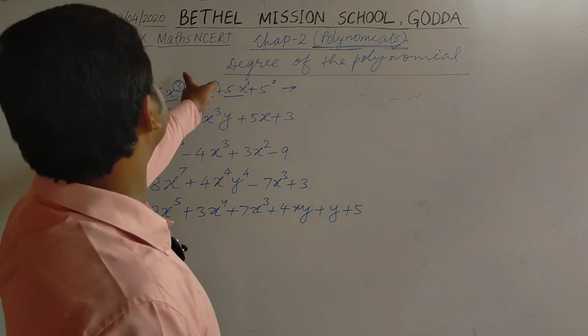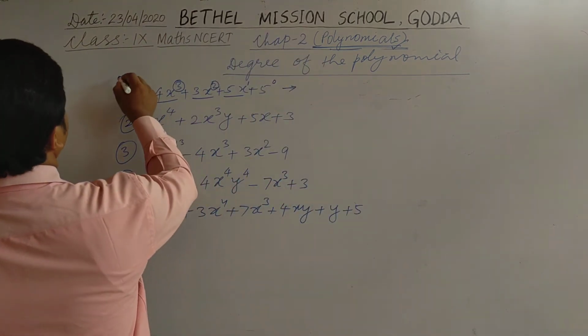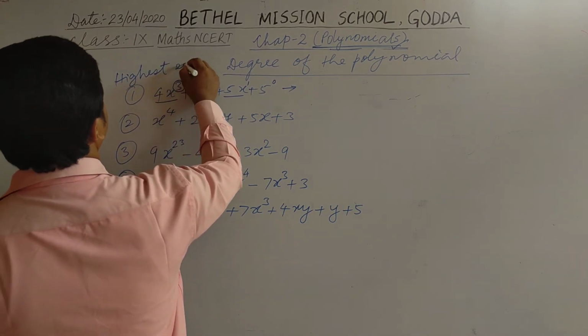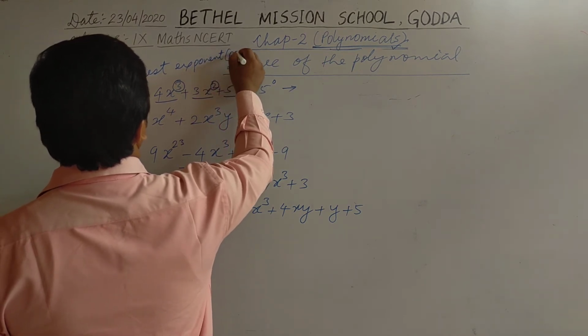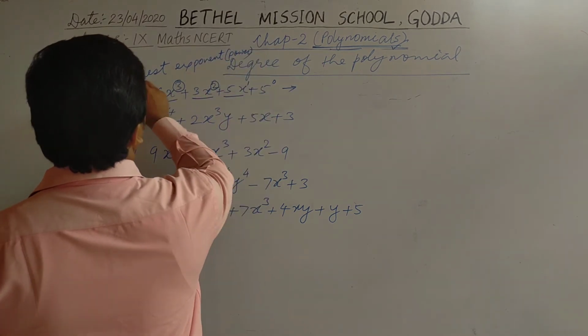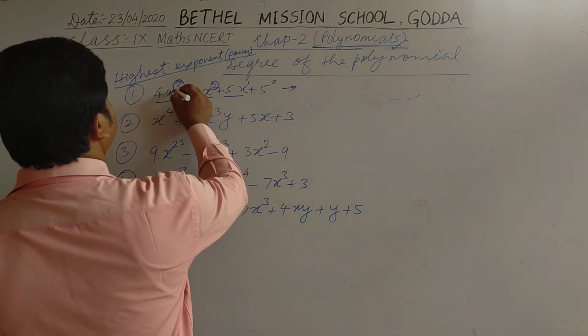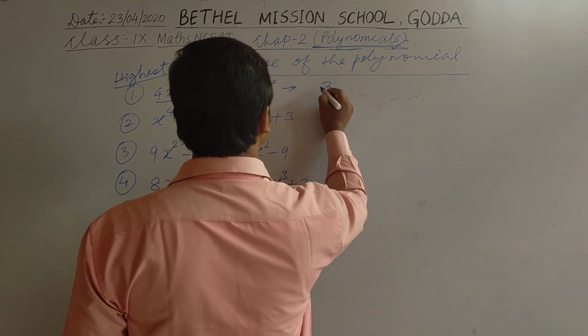So the highest power, or highest exponent, is 3. So the degree of this polynomial is 3.